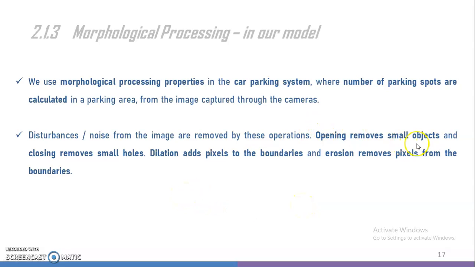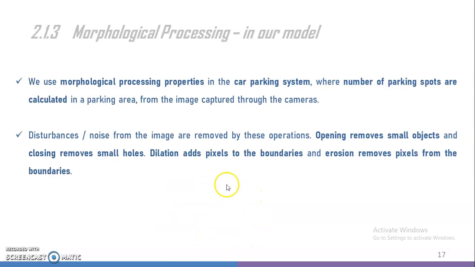Opening removes small objects and closing removes small holes. Like after converting an image to binary, if some nearby pixels are turned white, or small white areas are turned into black, like in disturbances, opening and closing can take care of that, and dilation and erosion can take care of the boundary elements. The boundary elements are most important.